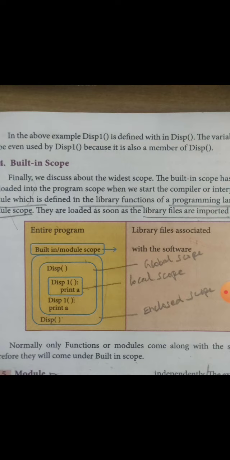So local scope is executed first, then global scope, then enclosed scope. Normally only functions or modules come along with the software as packages. Therefore they will come under the built-in function. Software and packages come under the built-in function.